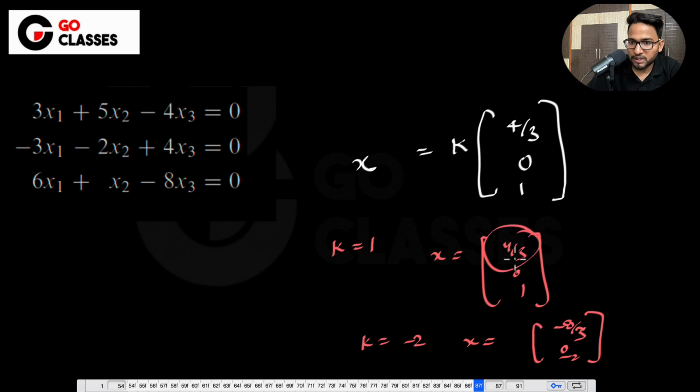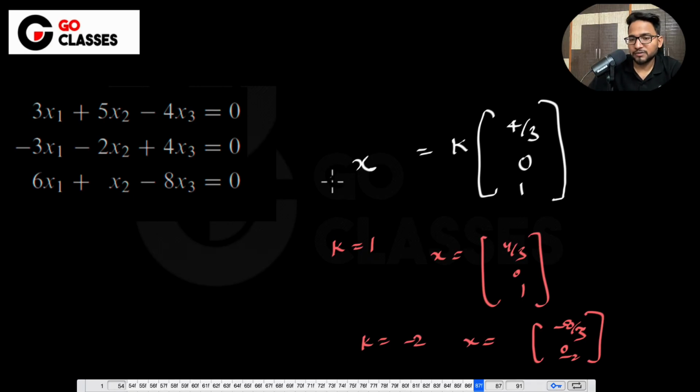Which means you put 4 by 3, 0, 1, I'm 100% sure that it will satisfy these three equations. If you put minus 8 by 3, 0, minus 2, I'm 100% sure that this will also satisfy these three equations. So this set of equations that we just solved has infinitely many solutions.